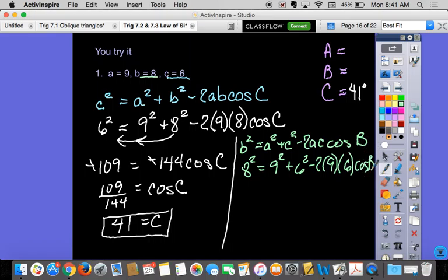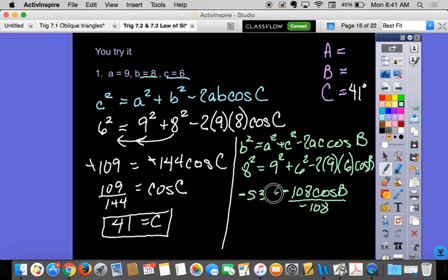All right, here goes. 8 squared minus 9 squared minus 6 squared. Writing this down is a negative 53. So 2 times 9 times 6 is a negative 108 cosine of b.